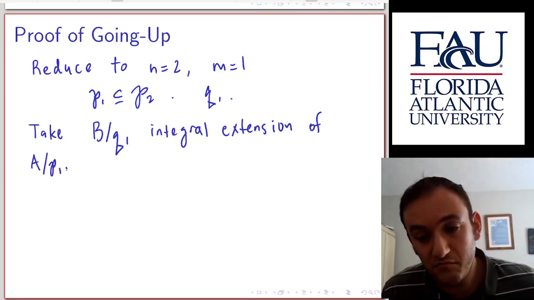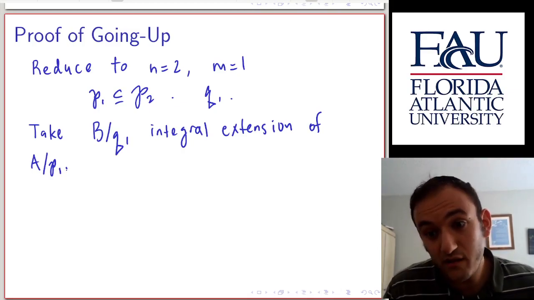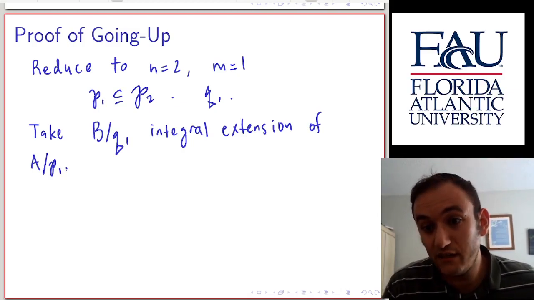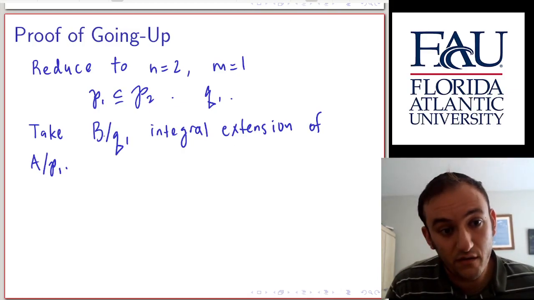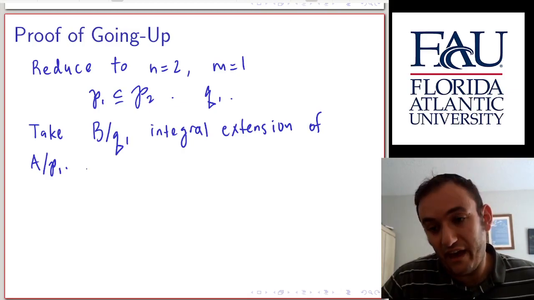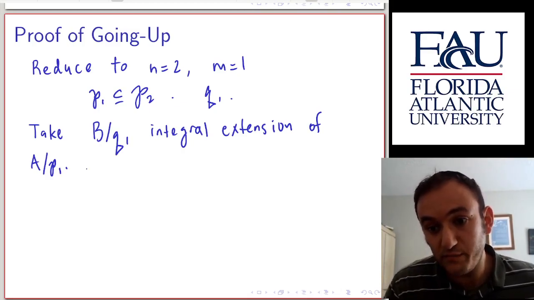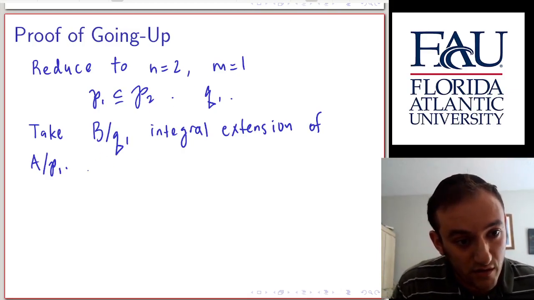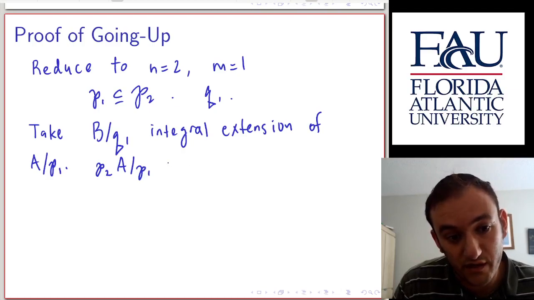And then by the lying over theorem, there is a prime ideal in this quotient ring. So first of all, by the correspondence theorem, we have a prime ideal in the quotient ring corresponding to P2. Okay, so the image of P2 in this quotient is prime.